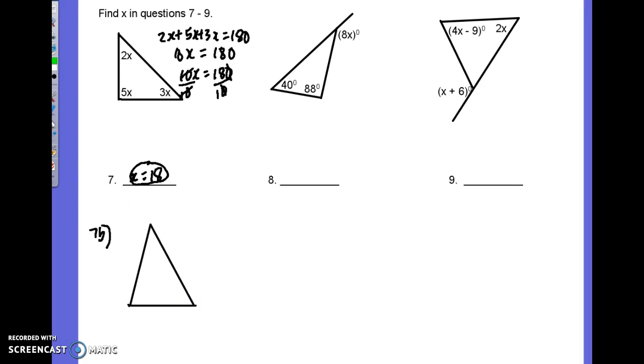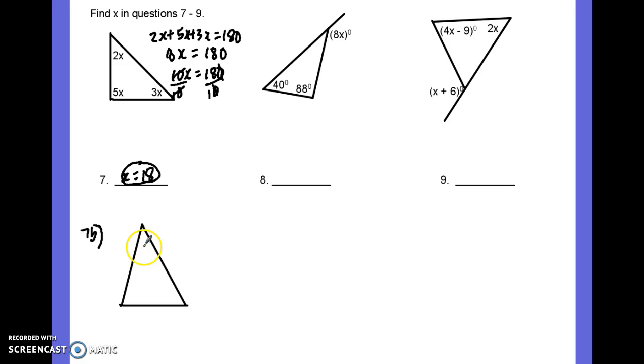All right, let me put some numbers or variables in here. Let's say we have 2x for this angle. We have 65 for this angle. And we have 40 degrees for this angle. How would you set that up to find x?